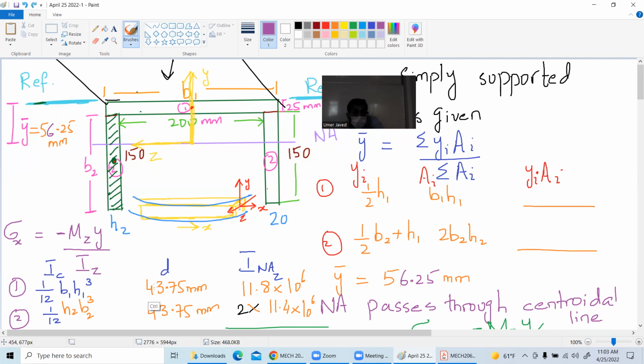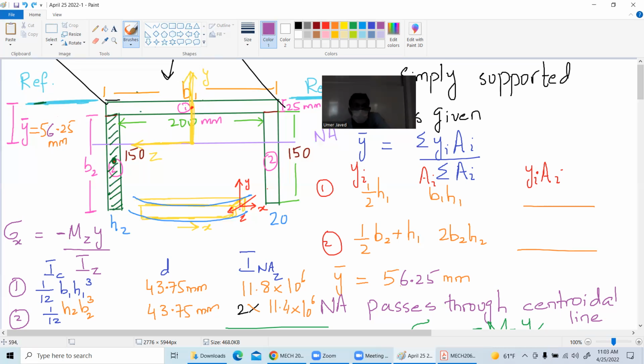So this value I can help you with. 75 plus 25 is 100. 100 minus 56.25 gives me 43.75. Then you can see this distance, it is 25 divided by 2. That is 12.5 millimeter.